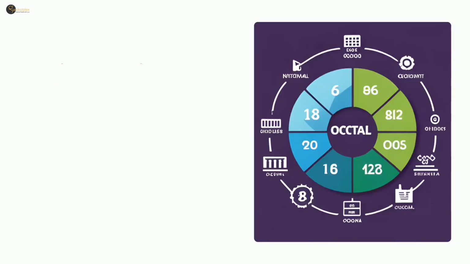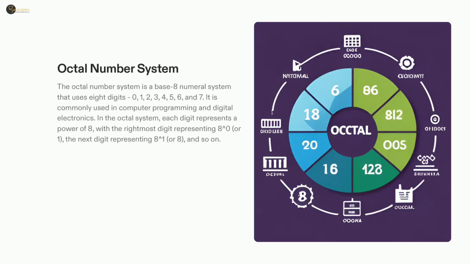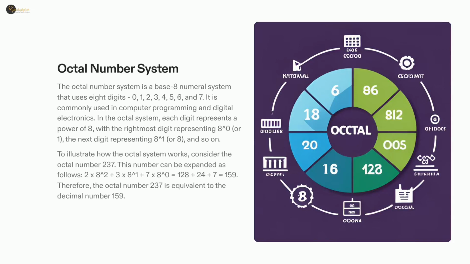The octal number system is a base-8 numeral system which is frequently used in computer programming and digital electronics. It is distinct from regular number systems as it consists of 8 digits, which are 0, 1, 2, 3, 4, 5, 6 and 7. This system is built on the powers of 8, with the least significant figure representing 8 to the power of 0, or 1, the subsequent figure representing 8 to the power of 1, or 8, and so on.